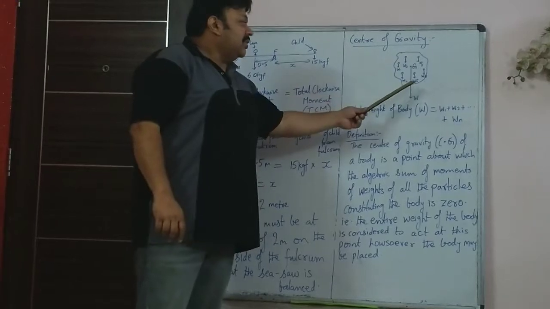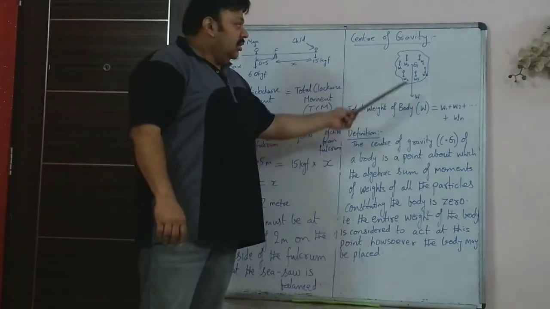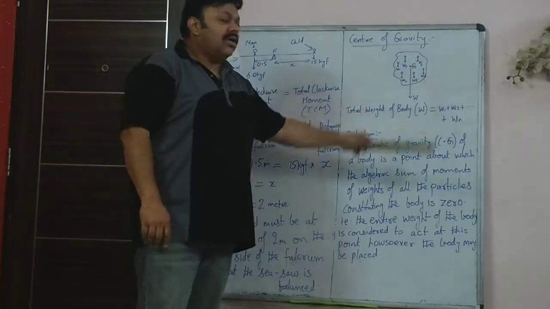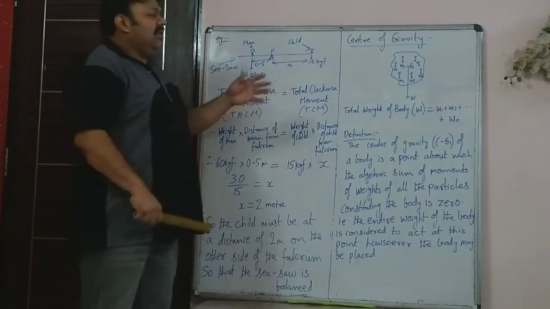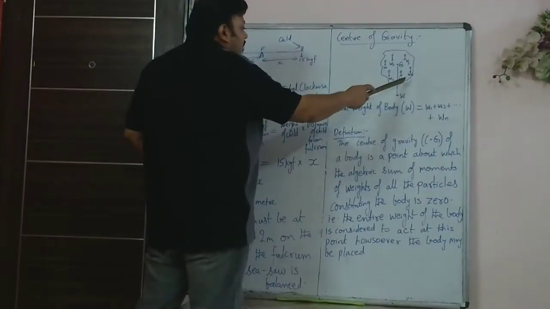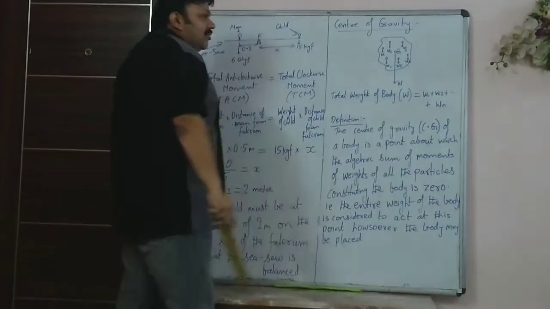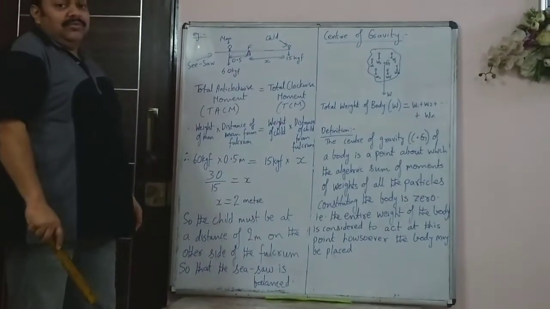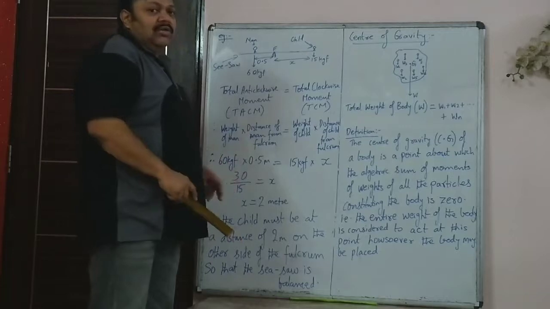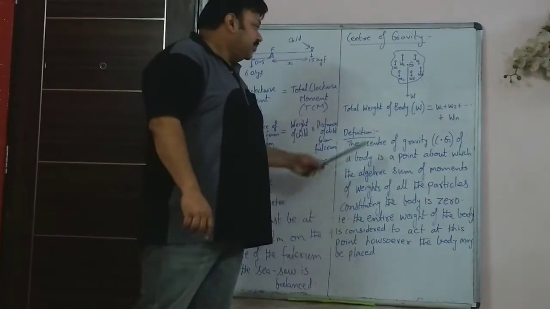But for simplicity, I have shown 6, 3 on this side and 3 on that side of this center, which is called G. That G need not be the geometric center, because obviously this is a shapeless object, it doesn't have a definite shape. So that is why the geometric center need not be the center of gravity.